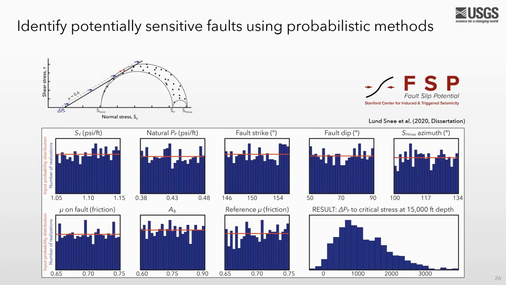That is the probability that, in the uncertainty space, that fault segment will end up on the wrong side of the Mohr-Coulomb failure line here. Again, it doesn't tell you for sure that we're going to have an earthquake or when, but it does tell you whether that fault is likely to be critically stressed or not. So it's meant to be a screening tool that tells you how sensitive your faults are.